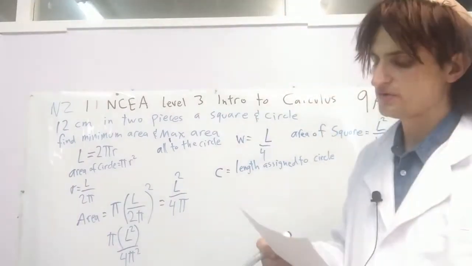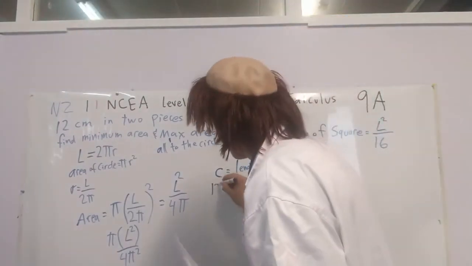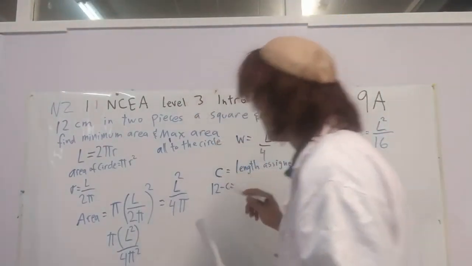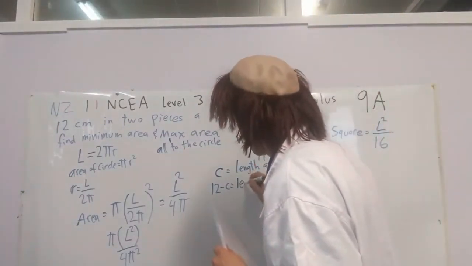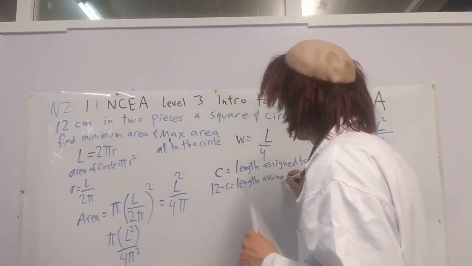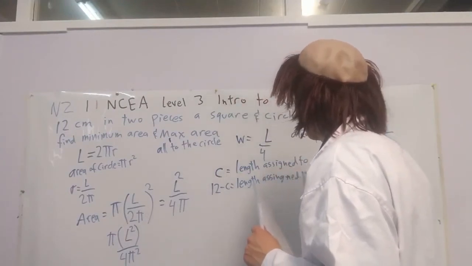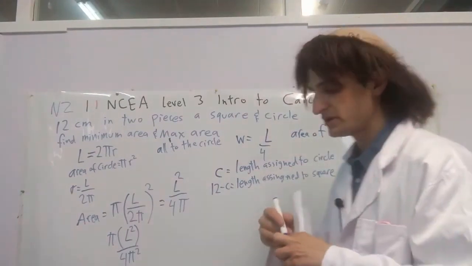And then I'll create another variable, 12 minus C. And this is our length assigned to the square. So here's what I'll do.